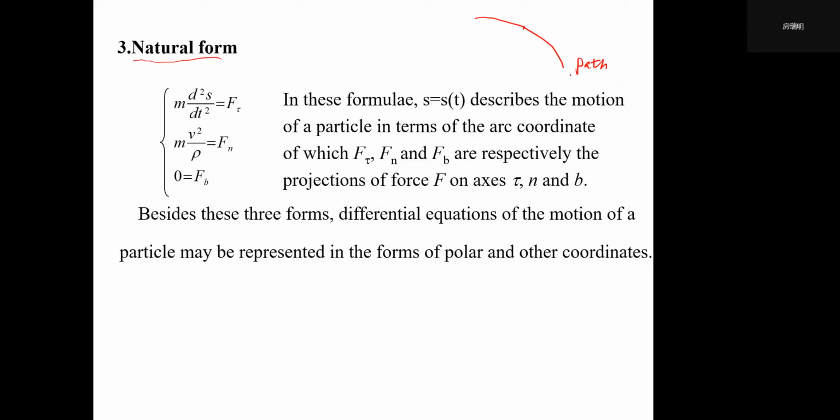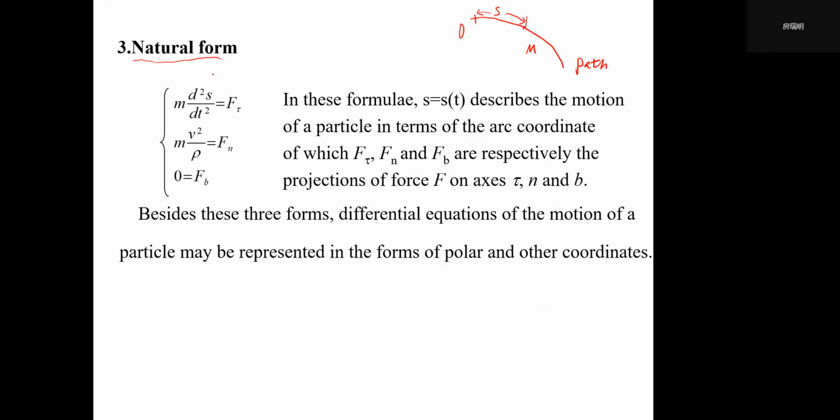This is point M. It is very simple: we select a reference point, and the point always moves along this path. Maybe this time it moved to this position, so from here to here we have an arc length.